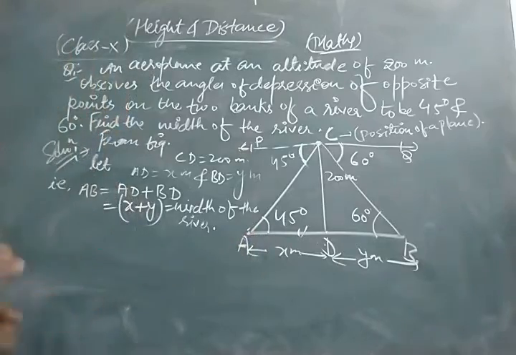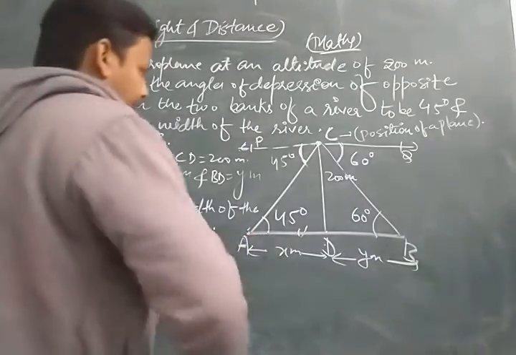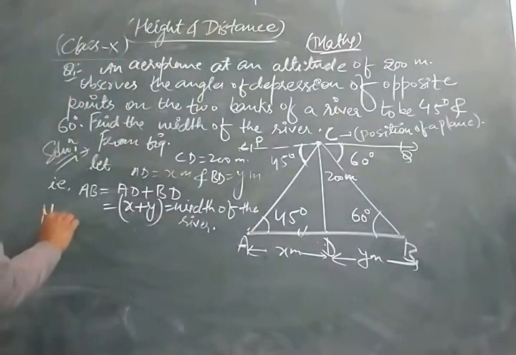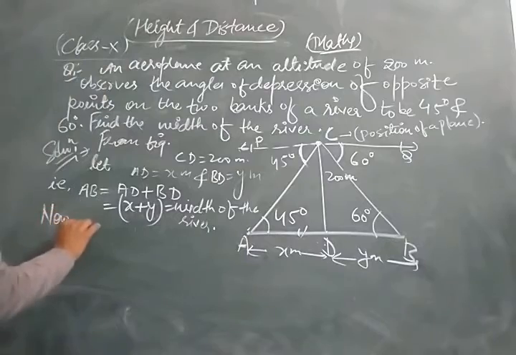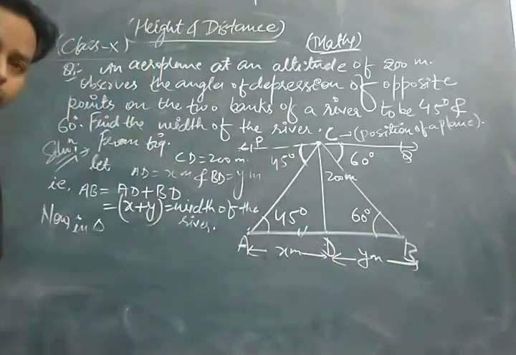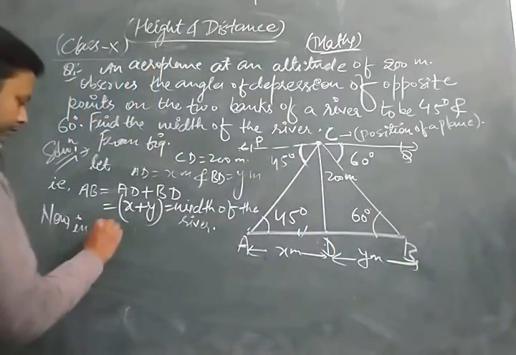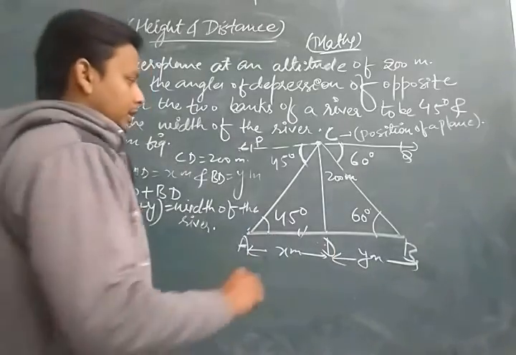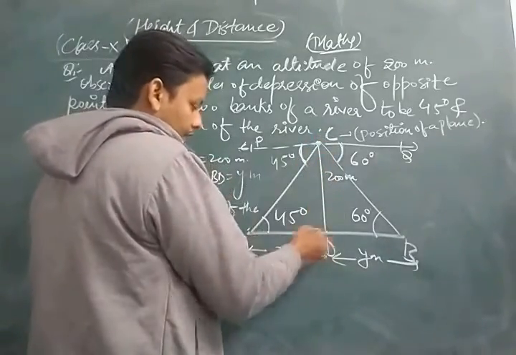Now look. In triangle CAD, CD is the perpendicular and this is your base.